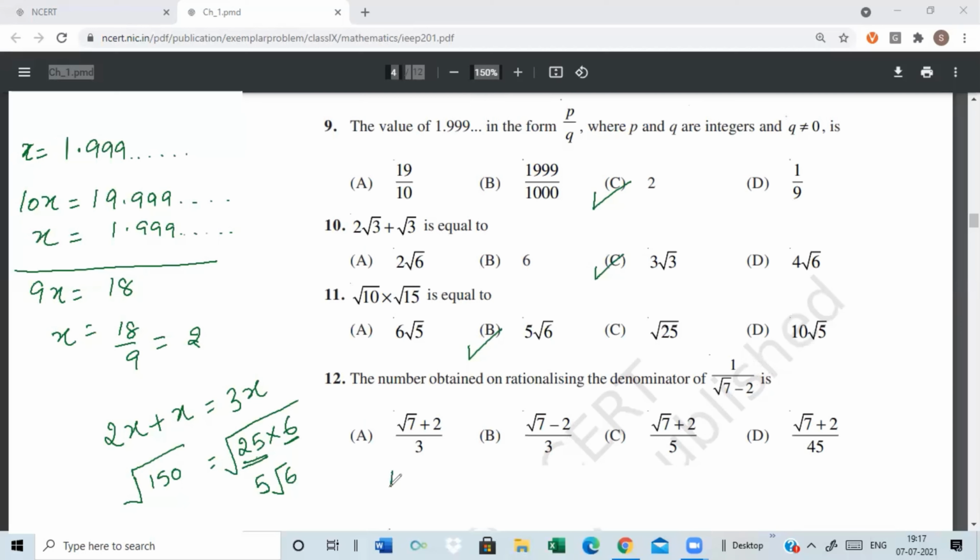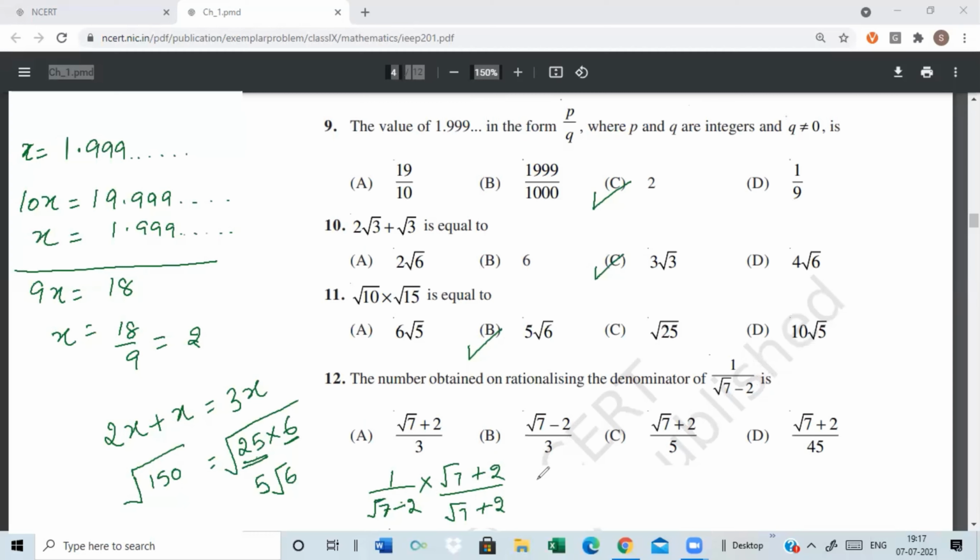Like for 1 by root 7 minus 2 we have to rationalize, so we'll multiply it by root 7 plus 2. We'll multiply and divide, right?